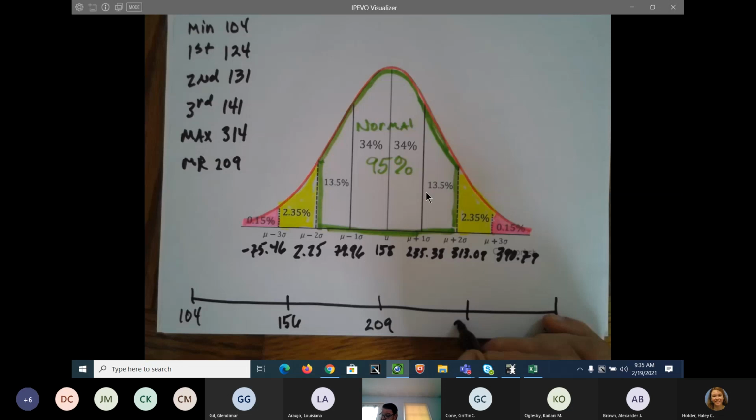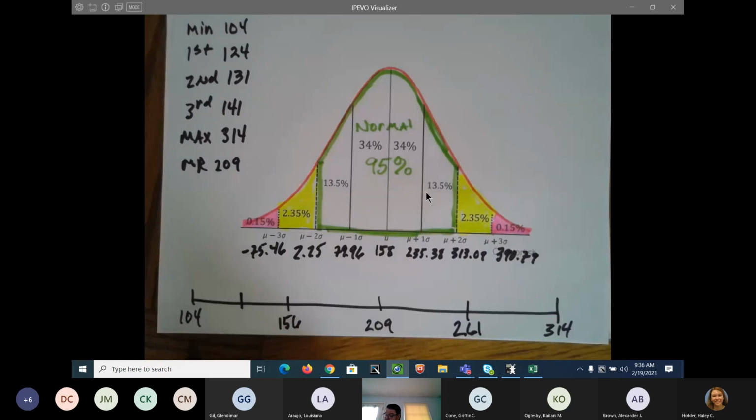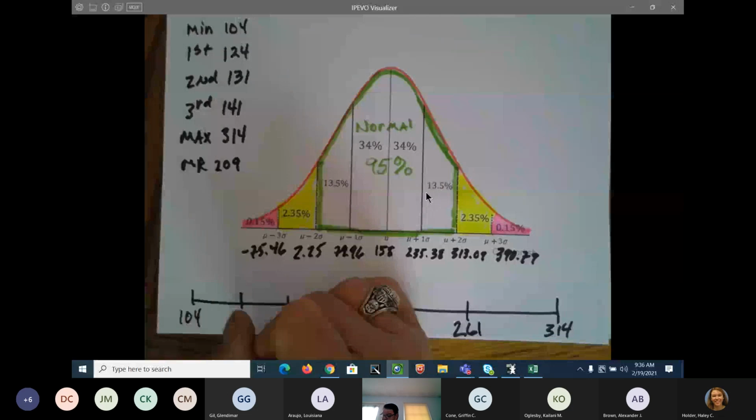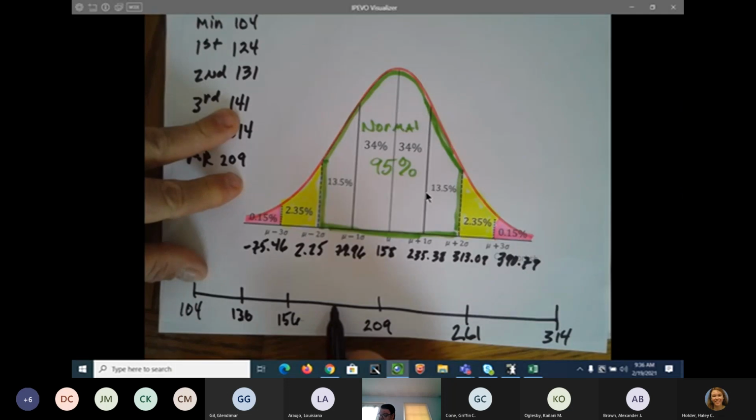And half of this, well, 104 to, I forgot what I said, 52. Half of 52 is what? 25. 25, that'd be what? 129, 130. 25 here would be what? 185.